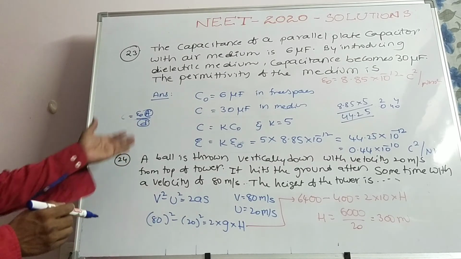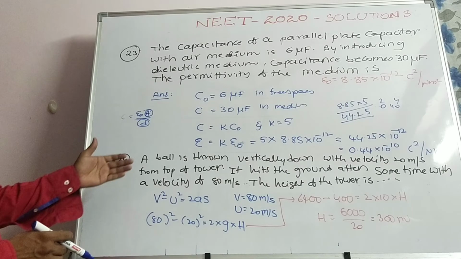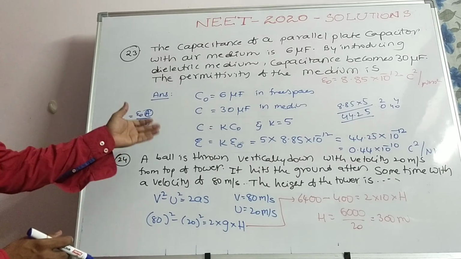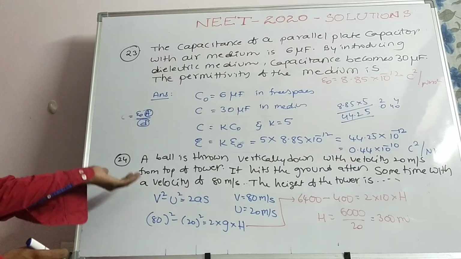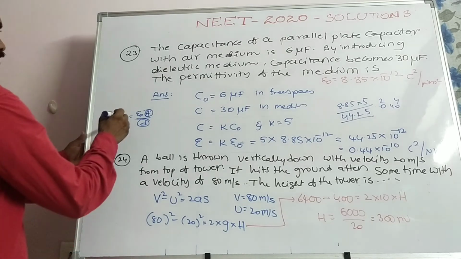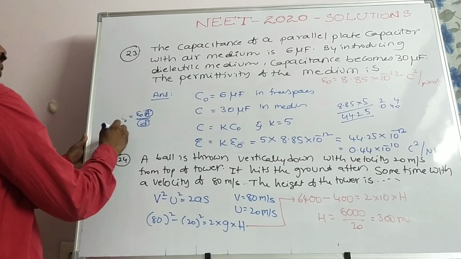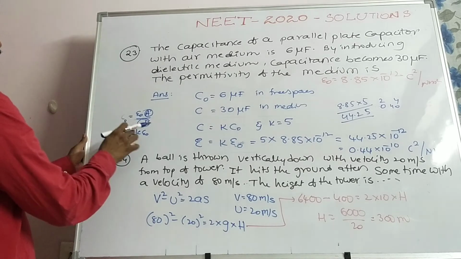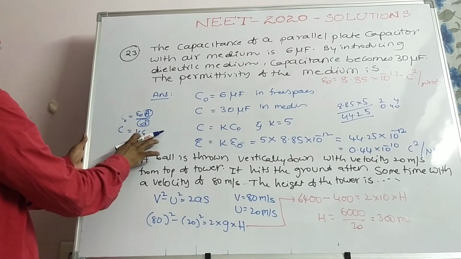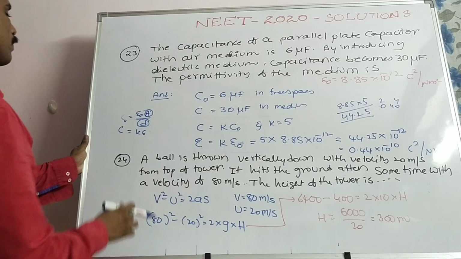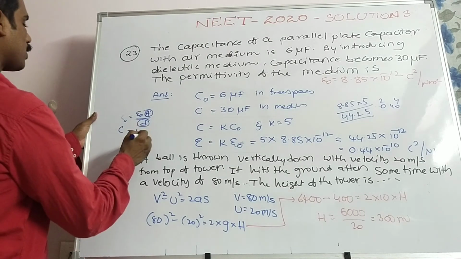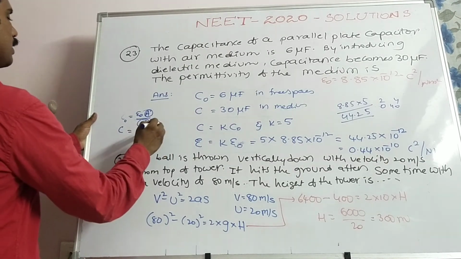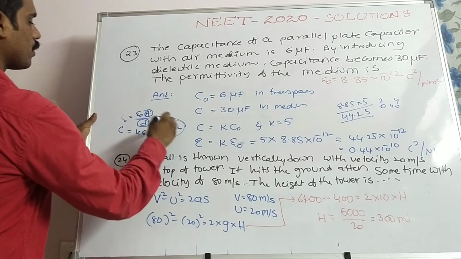So just like C is equal to K into C0, epsilon is equal to K into epsilon naught. C0 corresponds to epsilon naught, and C corresponds to K into epsilon naught. So finally, epsilon is equal to K into epsilon naught. We have to find that epsilon.